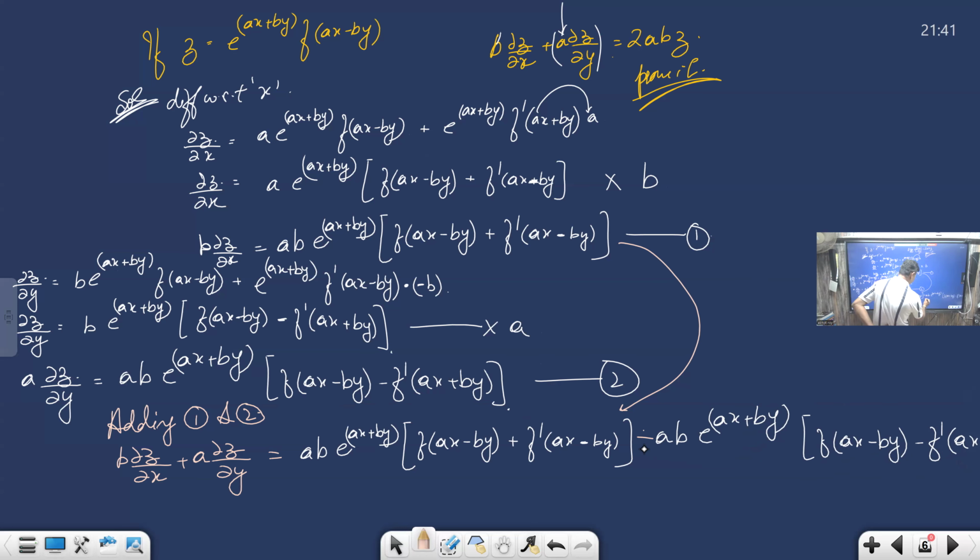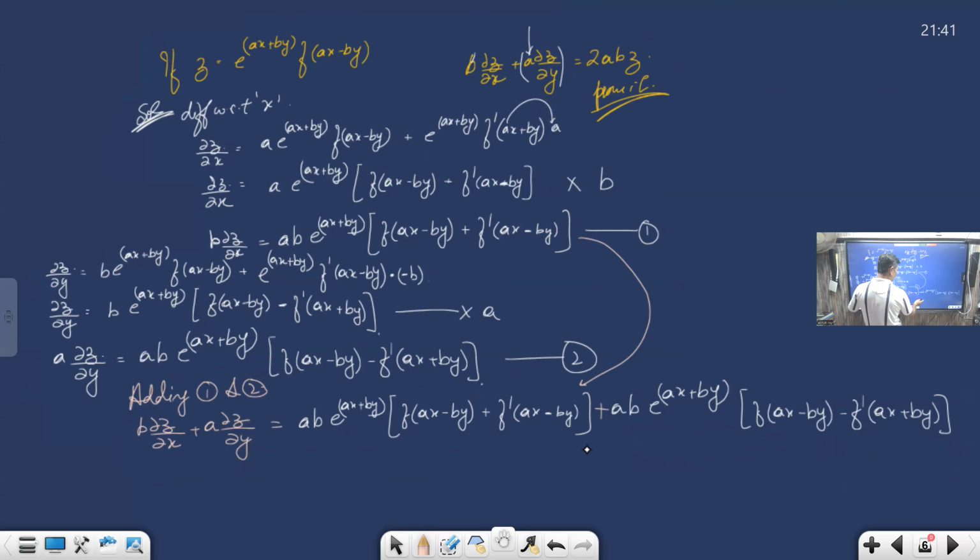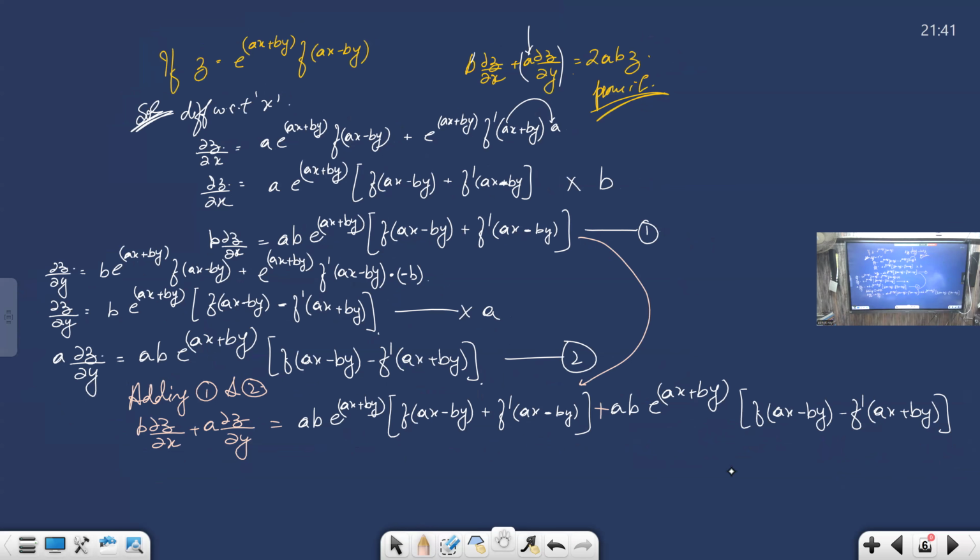Simply add them up. Please have a look. In this, what I find is this term has a plus sign and this term is common.